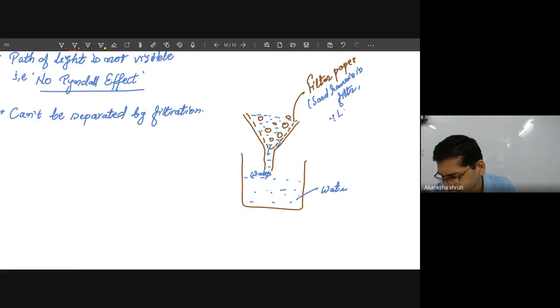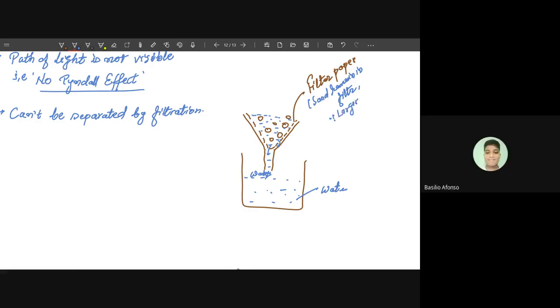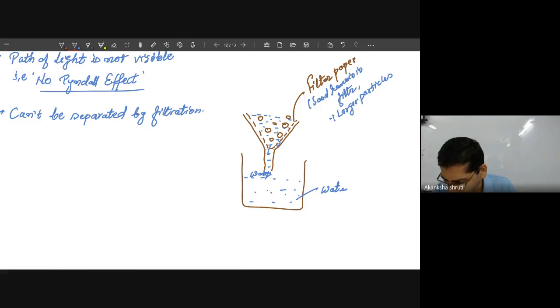Since the particle size is larger. Because sand particles are a little larger, because of this larger particle size the sand cannot pass through the small pores or holes of the filter paper. It will remain inside the filter paper.